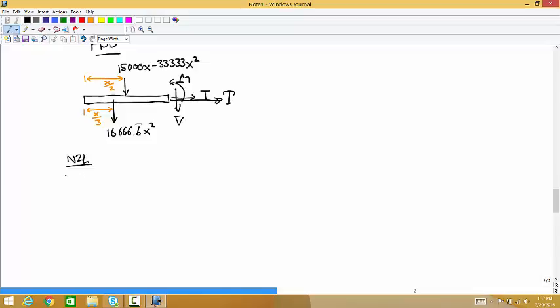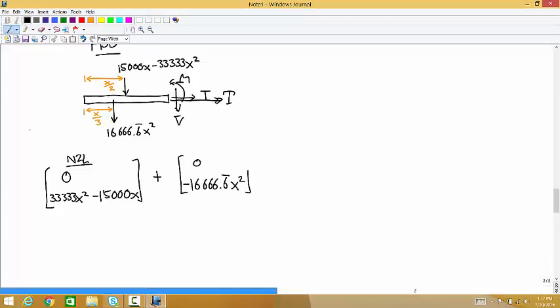So as a vector, that's 0, negative of this, so 33,333x squared minus 15,000x, plus 0, negative 16,666.6 repeating x squared, plus t negative v is equal to zeros.